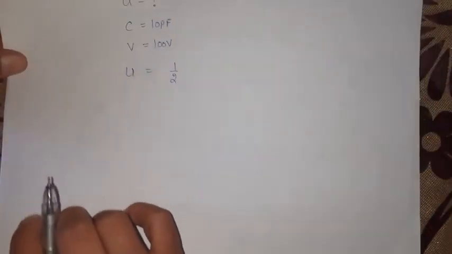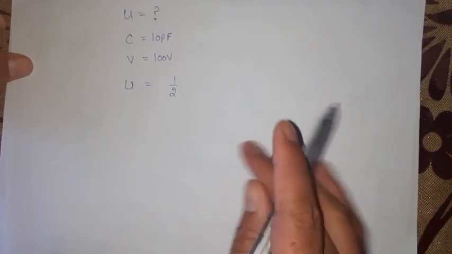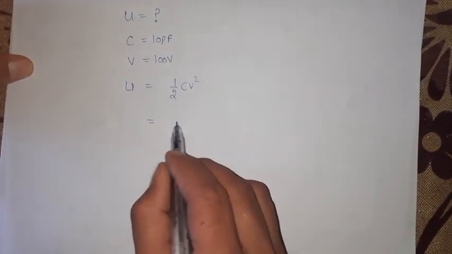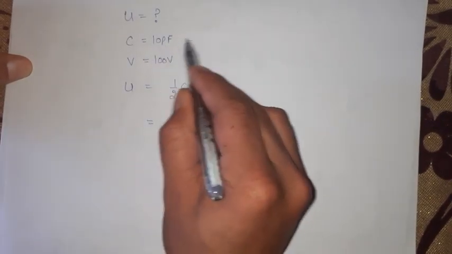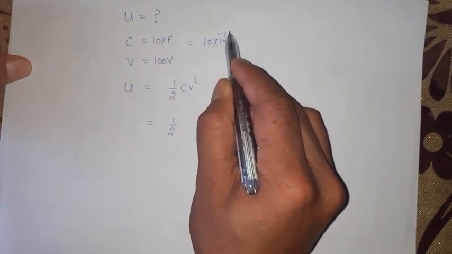Okay, so according to our given situation, the capacity is given to us and the potential difference is given to us, so it will be CV square. So I have 1 by 2, and over here you can convert pico, which means 10 to the power minus 12.